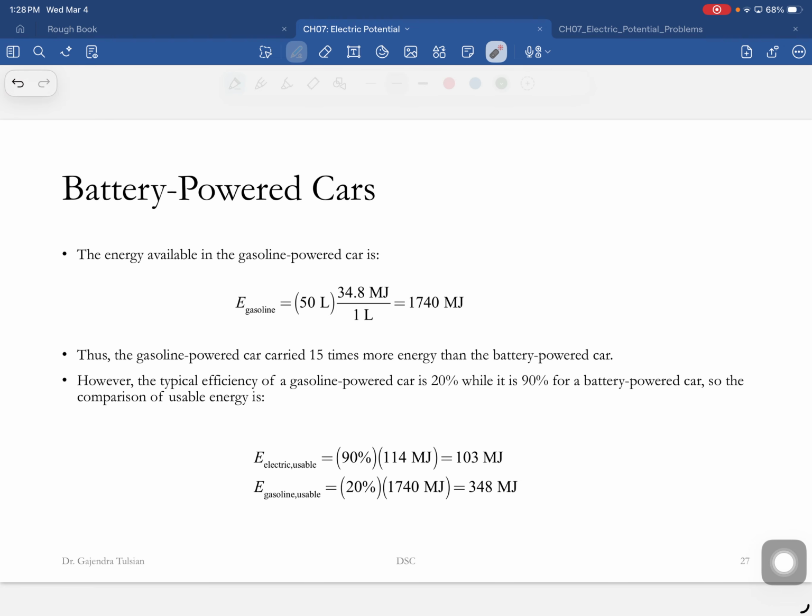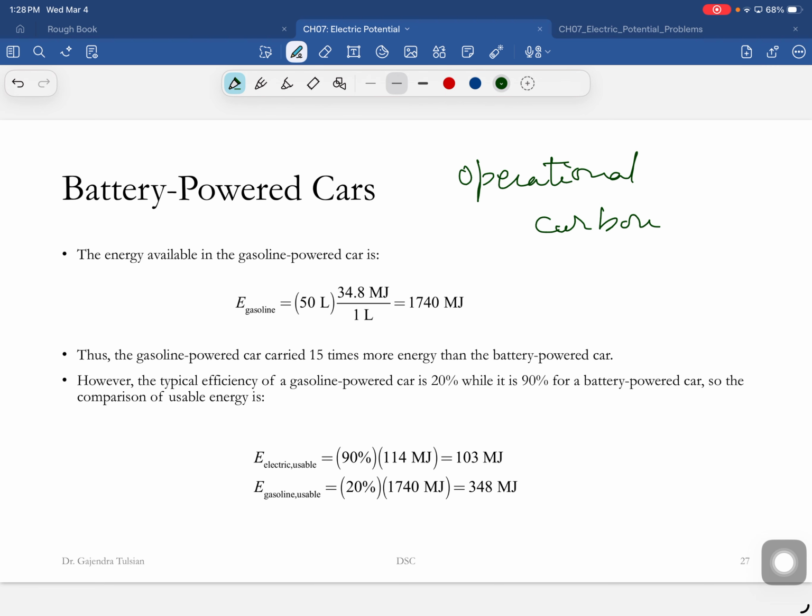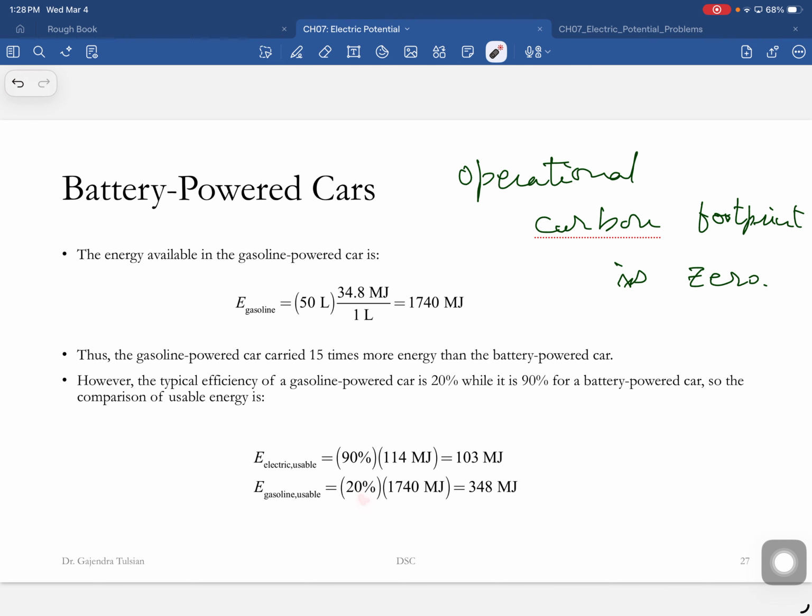So the operational carbon footprint is 0. What does that mean? When you burn gasoline, you're emitting carbon dioxide. If you're charging your car with solar and wind and then driving the car, you're never dumping any CO2 to drive a car.